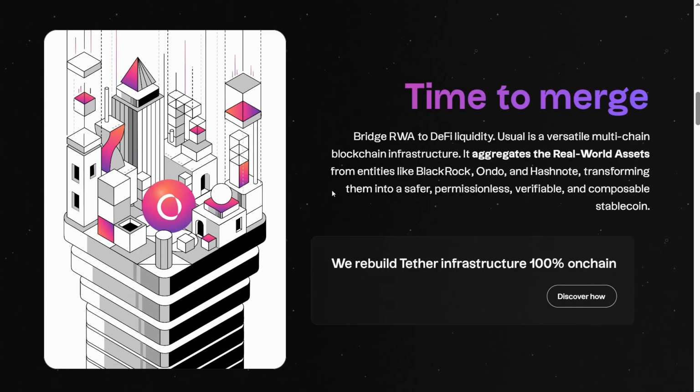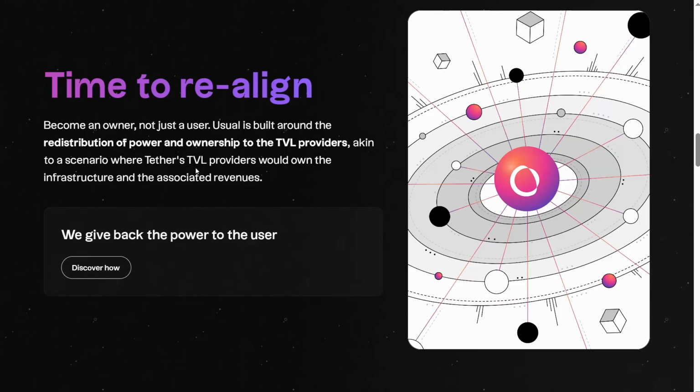You can watch their video for more details. Bridging RWA to DeFi liquidity. For those who don't know, RWA stands for Real World Assets. An example of RWA is USDT, a fiat-backed stablecoin which is a tokenized representation of fiat currency like the US dollar. Become an owner, not just a user.